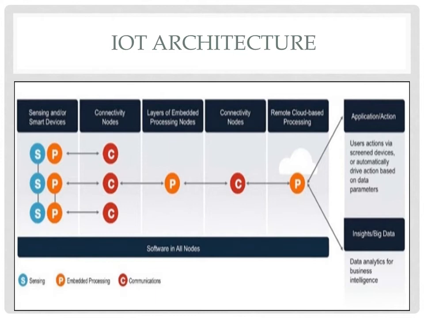So here the S shown in the blue circle shows sensing, P resembles embedded processing, C resembles communication, and the processing can be application or data storage, data analytics.